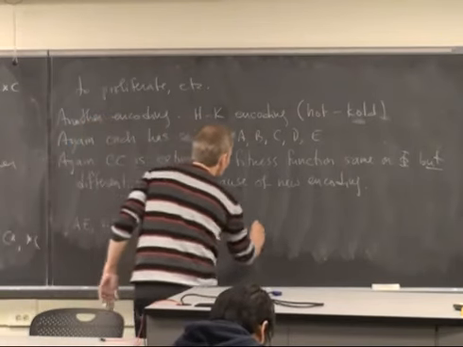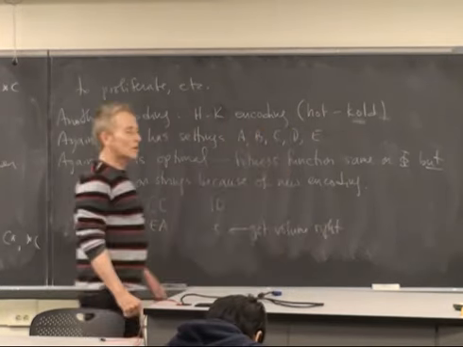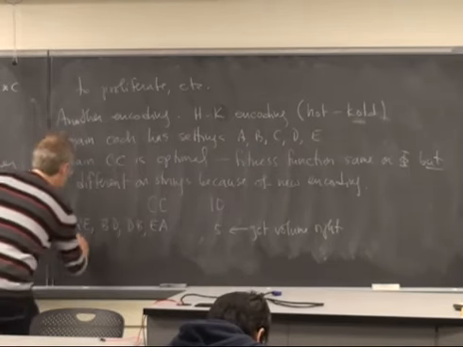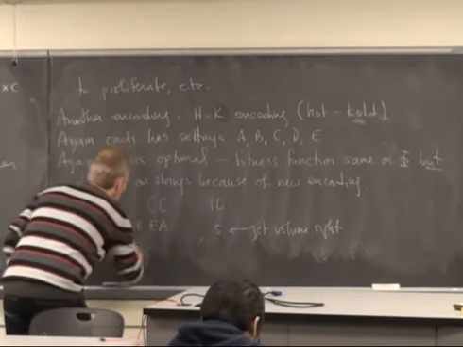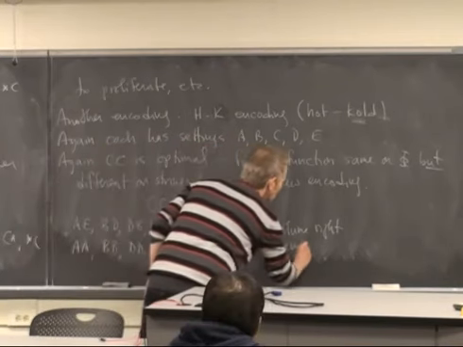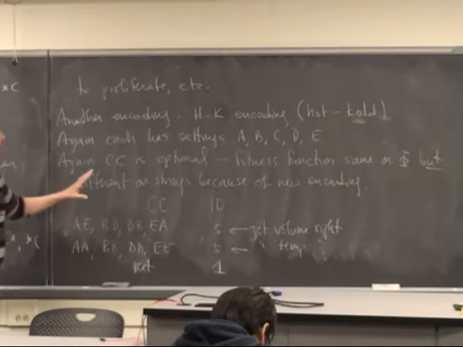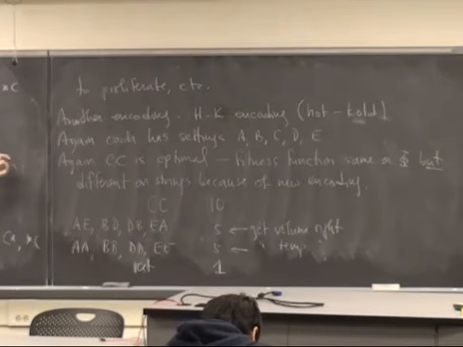Those are going to have fitness 5. These get the volume right. And the ones that get the temperature right are going to be equal hot, equal cold. So AA, BB, DD, and EE also have fitness 5. They get the temperature right. And the rest are going to have fitness 1. So you can see that even though the fitness function on the problem solution space stays the same, because we have a different encoding, the fitness of different encoding strings is going to be different from the other problem. Okay?